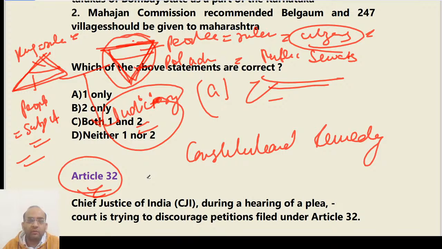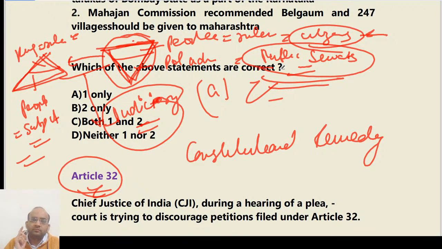Article 32 is one of the means through which the judiciary asserts independence and powers. How? If citizens feel that this triangle is being reversed, their rights are being snatched away by their servants, they can approach the judiciary and the judiciary can order these public servants to remain within the constitutional framework, to never violate the citizens' rights and not try to become rulers, but remain as servants.